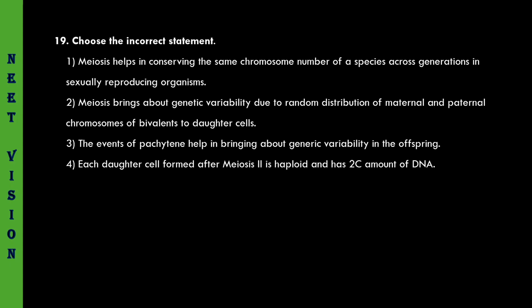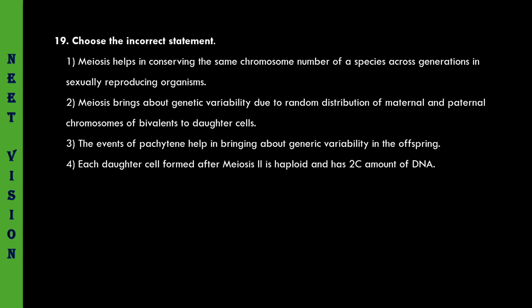Each daughter cell formed after meiosis 2 is haploid, true, up to here it is true, and has 2C amount of DNA? Now it is 1C amount of DNA. The haploid nucleus that is formed after meiosis 1 has 2C amount of DNA. After meiosis 2, each daughter nucleus will have 1C amount of DNA but not 2C.